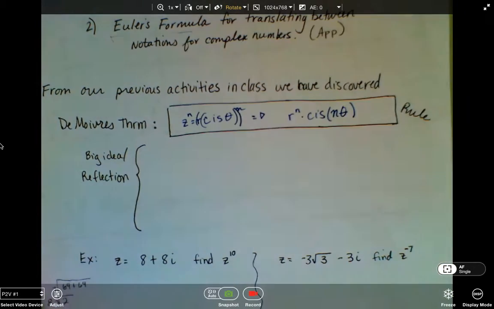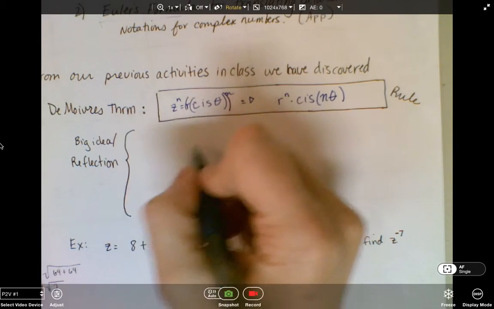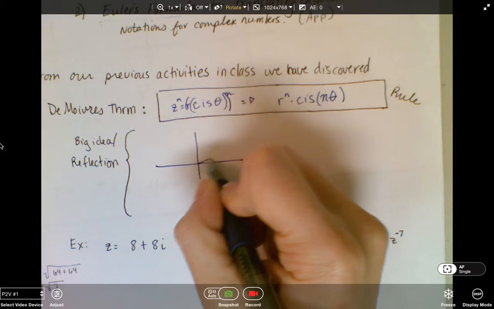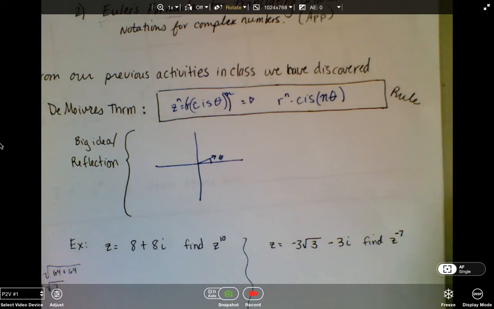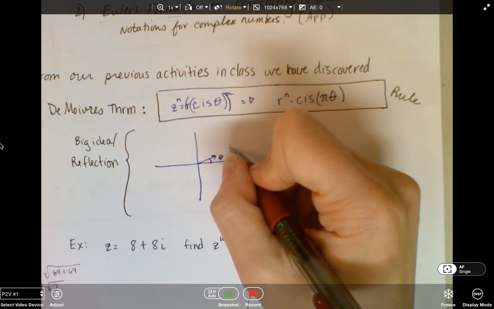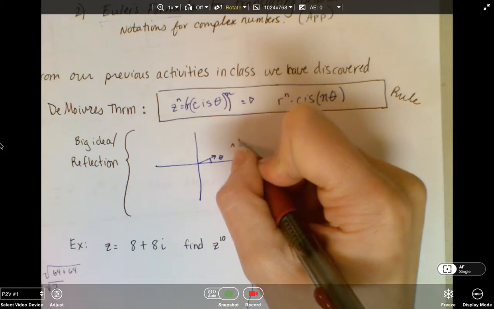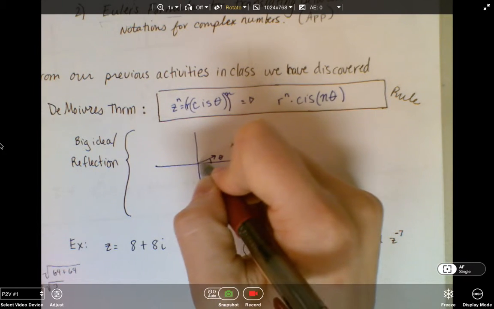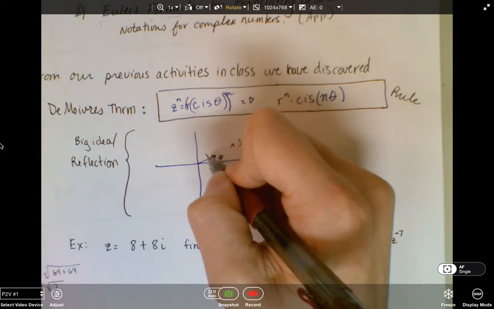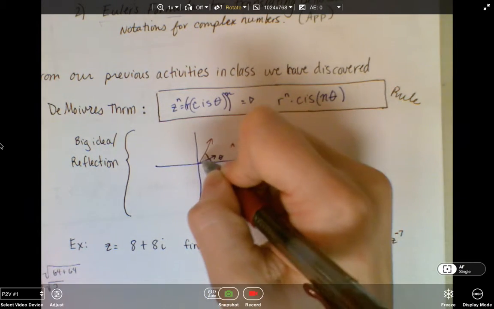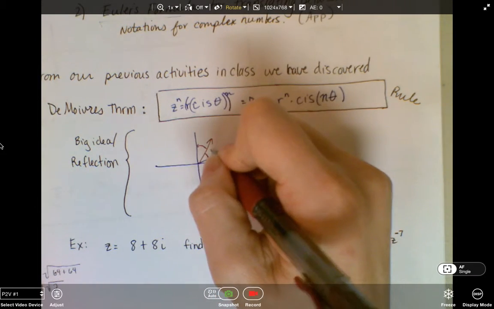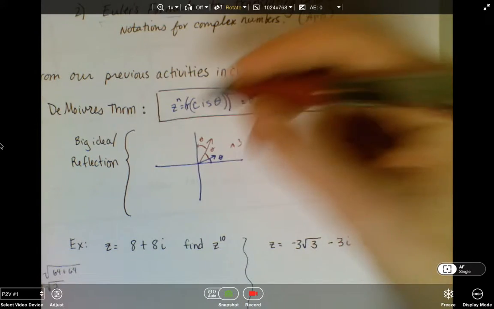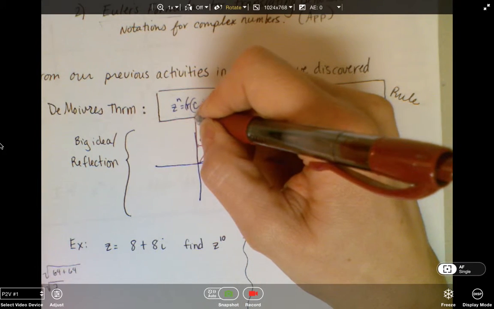And if you look back at your notes from the other day, our big idea or reflection is that if I have some little complex number like that, and I take theta and multiply it by itself, let's say I'm going to take it to the third, it's going to scale, and so there's 1, 2, 3, and it's going to be that big.